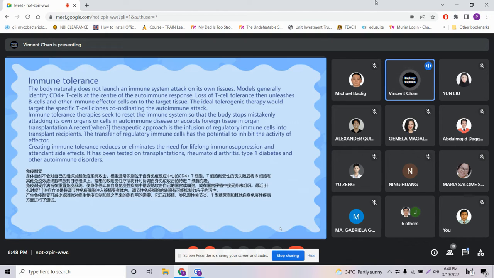Creating immune tolerance reduces or eliminates the need for lifelong immune suppression and attendant side effects. It has been tested on transplantation, rheumatoid arthritis, type 1 diabetes, and other autoimmune disorders.